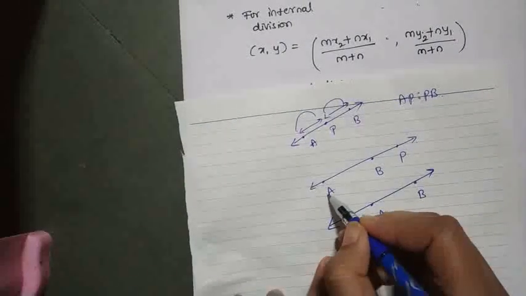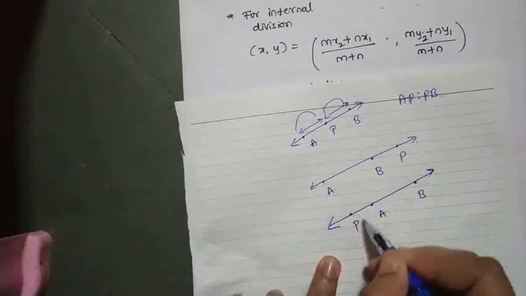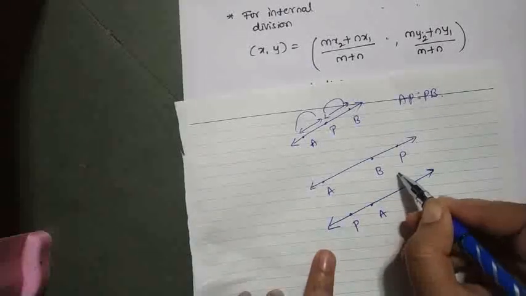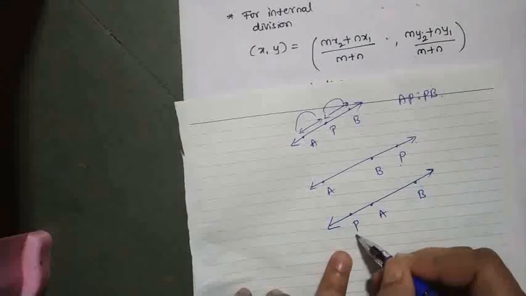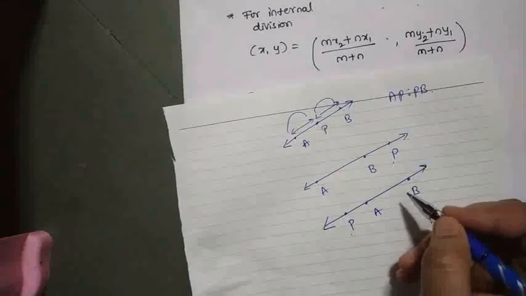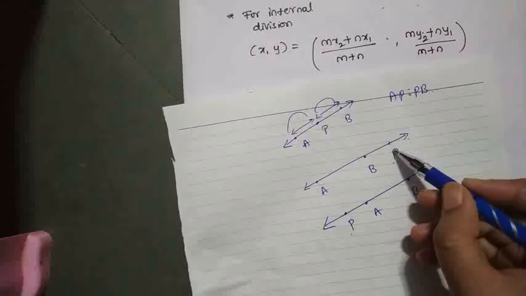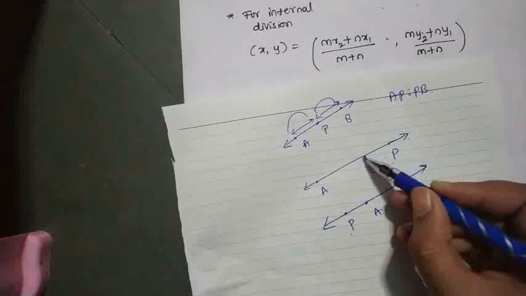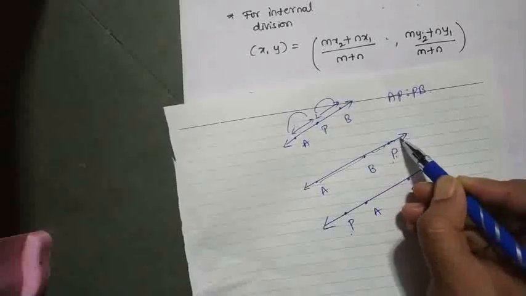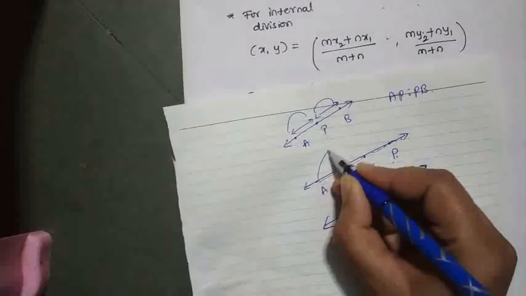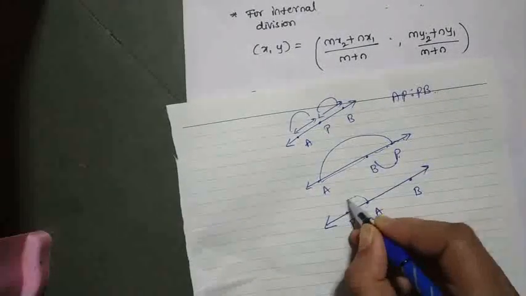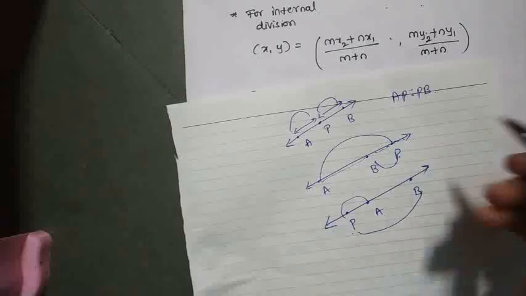It is not between A and B. Then we say that P divides the line segment AB externally in the ratio AP is to PB.